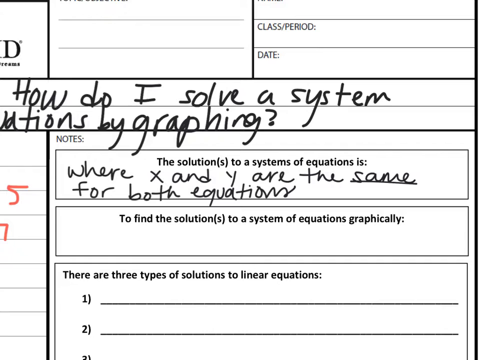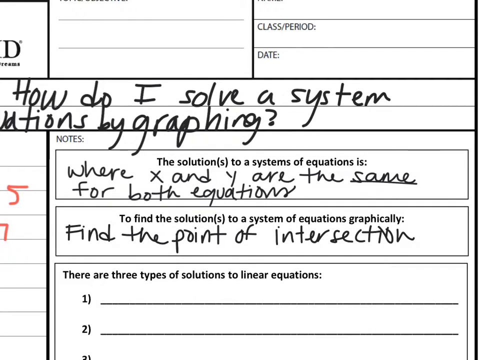The x and y is the same. Find the point of intersection, which is just a fancy word for where the lines cross. So wherever the lines cross will be your answer. It's the point of intersection because that's where x and y are the same.